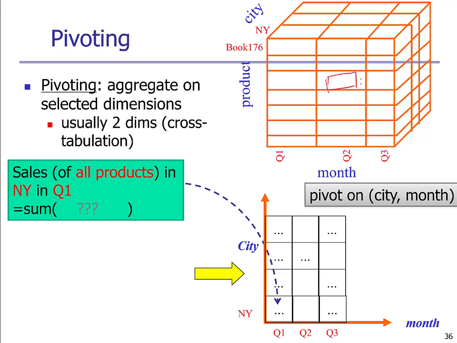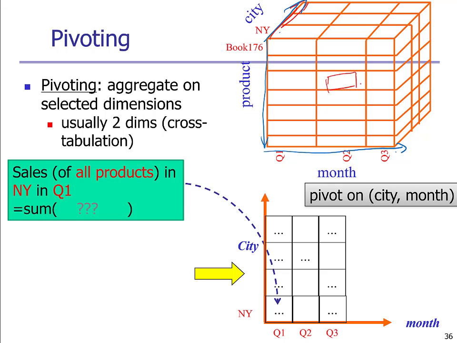Therefore, by doing pivoting, what we want is to select 2 dimensions, right, and to aggregate the data on the other dimensions. Then we can visualize the whole data cube. Right, that is our goal. For example, say here we have 3 dimensions: the months, the cities, and the products.